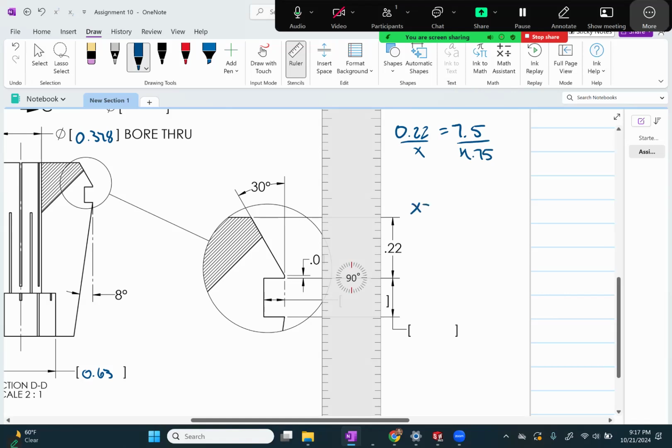We know x is equal to 0.22 times 4.75 all over 7.5. 4.75 divided by 7.5. My calculator says that x is equal to 0.139. So we can round this to 0.14.